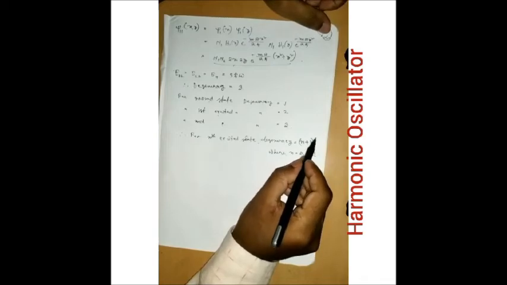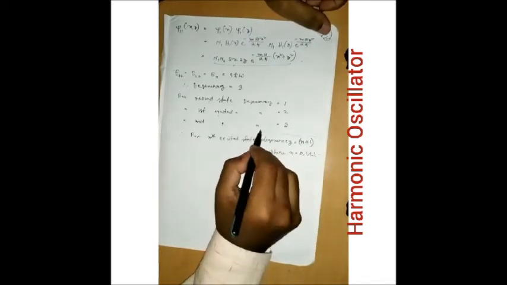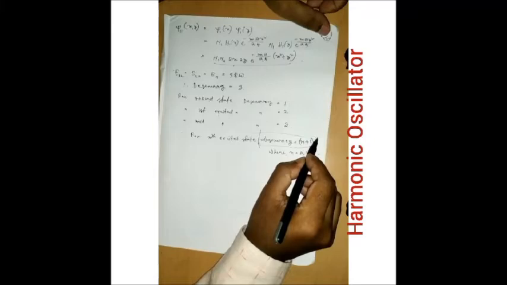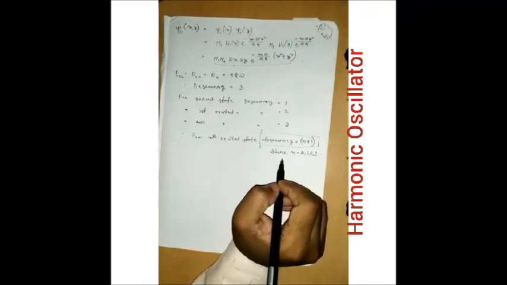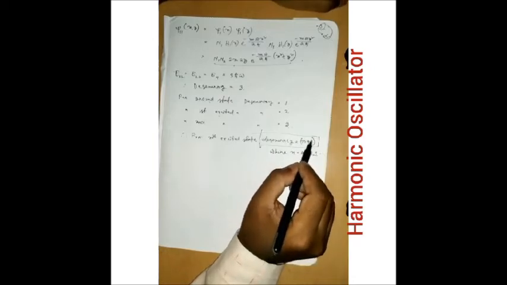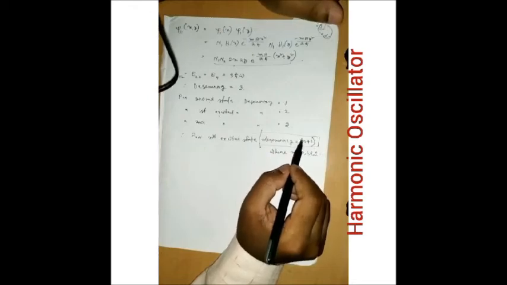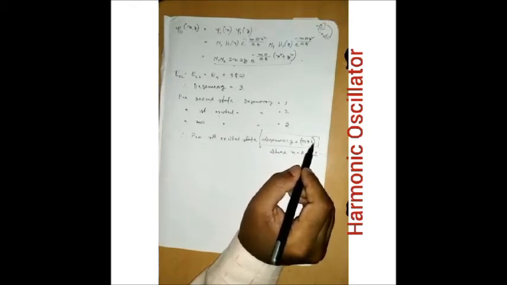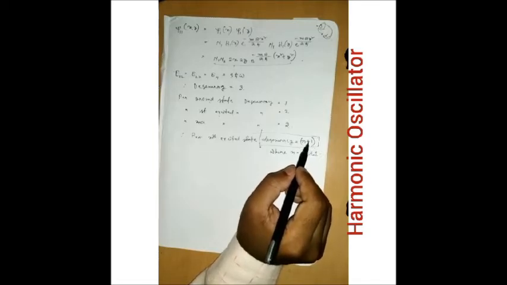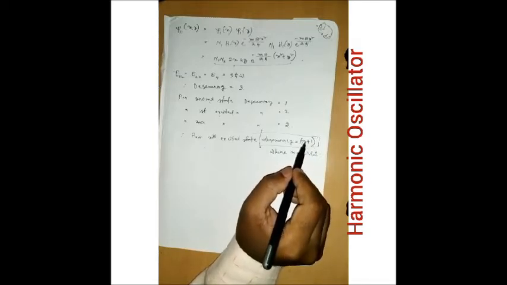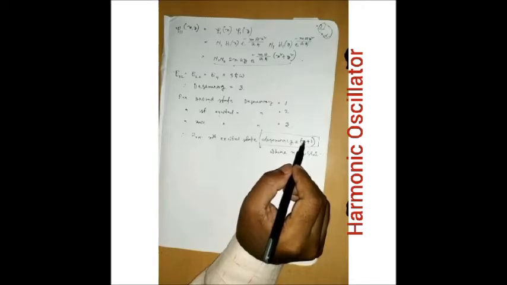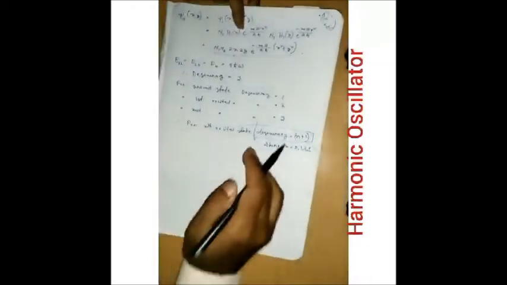So this is a simple, I mean very simplest formula, but my dear students, this formula is applicable whenever we discuss the isotropic linear harmonic oscillator. Clear? Otherwise, if you want to find out the degeneracy of any energy level, you must go this way.